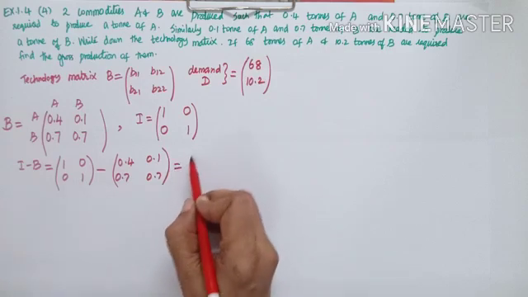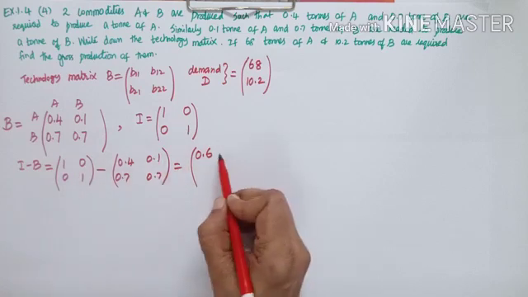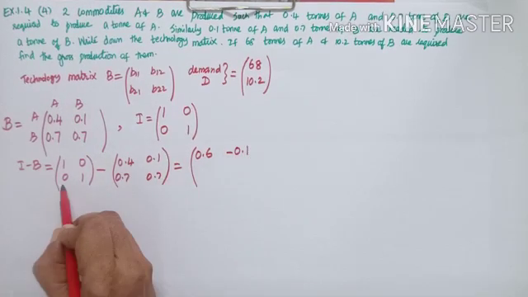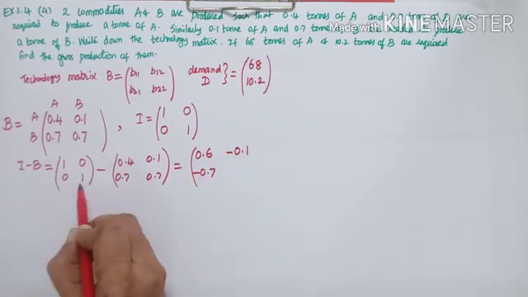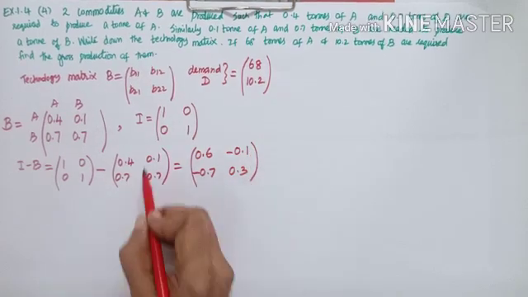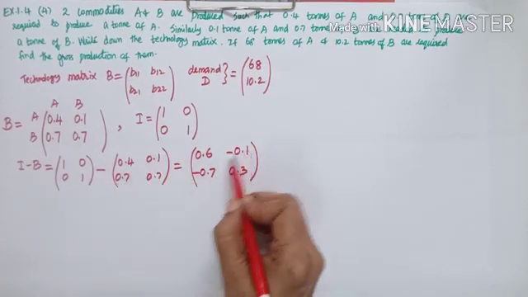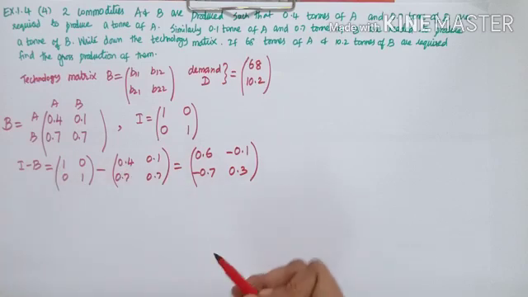Subtract. 1 minus 0.4, 0 minus 0.1, 0 minus 0.7, 1 minus 0.7. So these two I just change the symbol because it is 0. These two I subtract from 1.